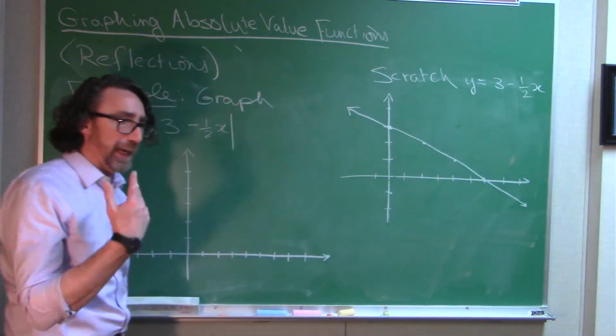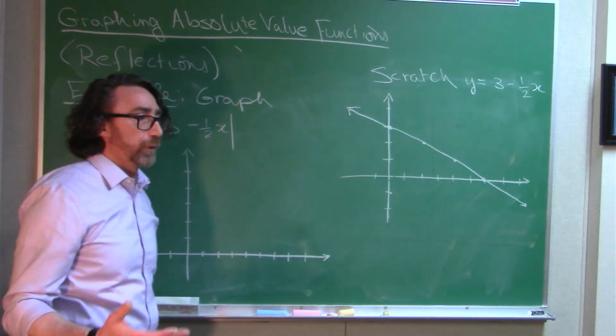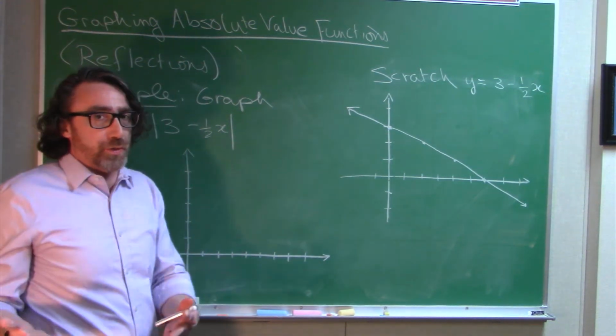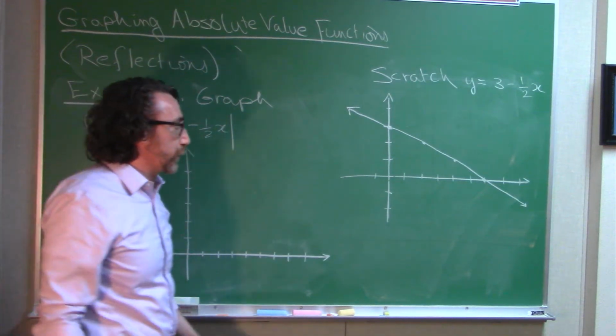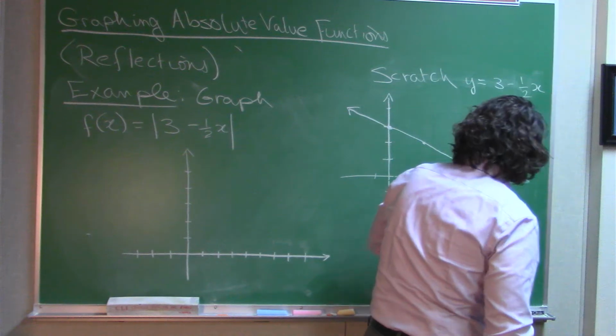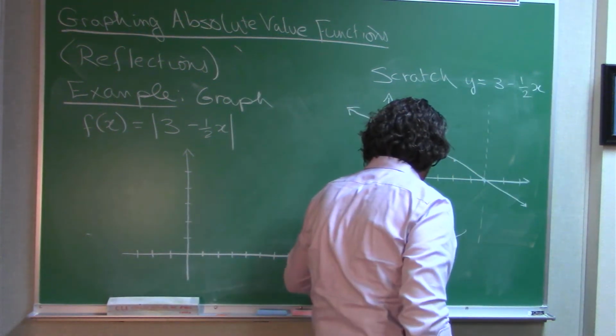Now let's think about what the absolute value operation would do to a graph. Taking the absolute value gives you the positive version of whatever you started with. So when my y values are positive, there will be no change.